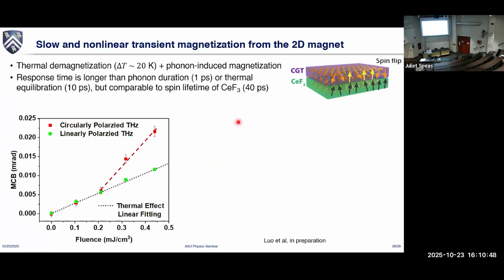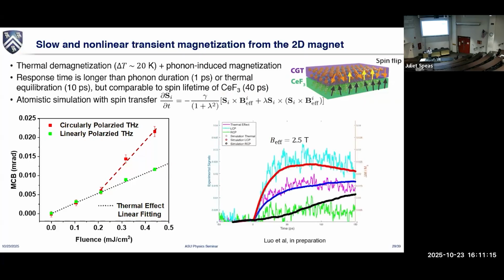This is kind of surprising because the field that we generate lasts 1 picosecond. The thermal diffusion, if it's a pure thermal effect, is on the order of tens of picoseconds. So what can happen on the order of tens of picoseconds? It will be the spin generated from the substrate itself.